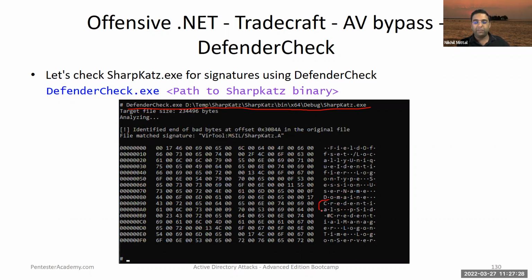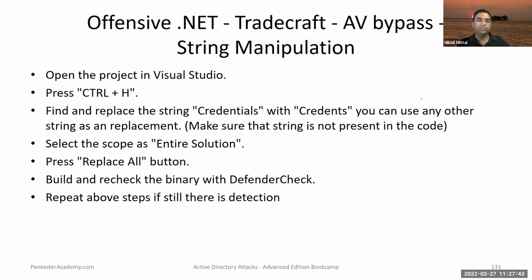So by trial and error, we found out that it is the credentials string in shortcuts that Windows Defender doesn't like. So what do we do? We open the source code of shortcuts, replace credentials with credents, build the solution, and check again with DefenderCheck.